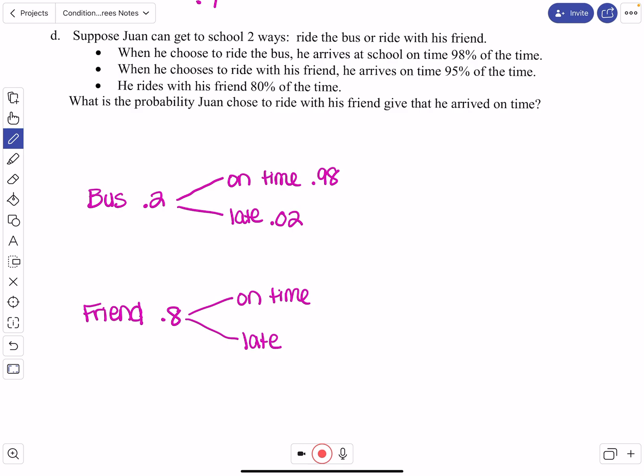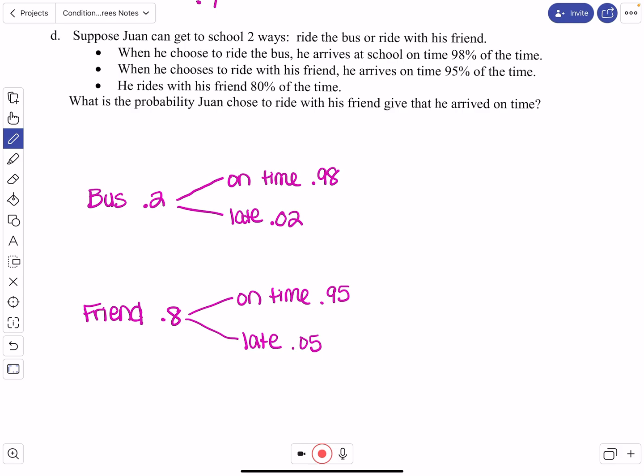So we fill in those numbers there. Okay, so then it says when he chooses to ride with his friend, he arrives on time 95% of the time, which means he would be late 5% of the time. Okay, so we've got all these numbers filled in now.